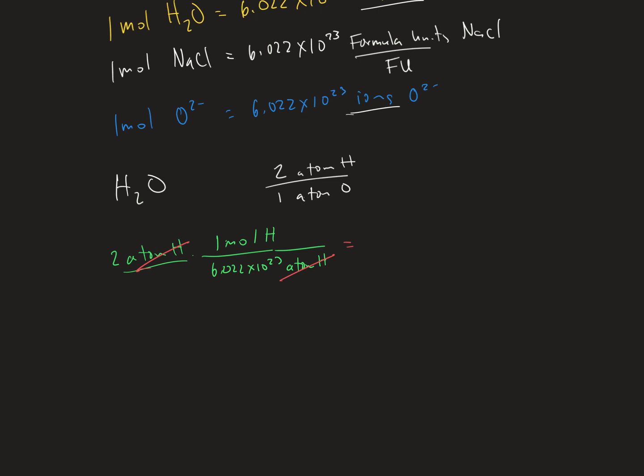So in your calculator, we're going to start with 2, because we have 2 atoms of hydrogen. And then I'm going to push divide, because this number's on the bottom, right? Then I'm going to type this number. There's more than one way to type it. I'll show you the way I do it. If you have your own method and it works, great.